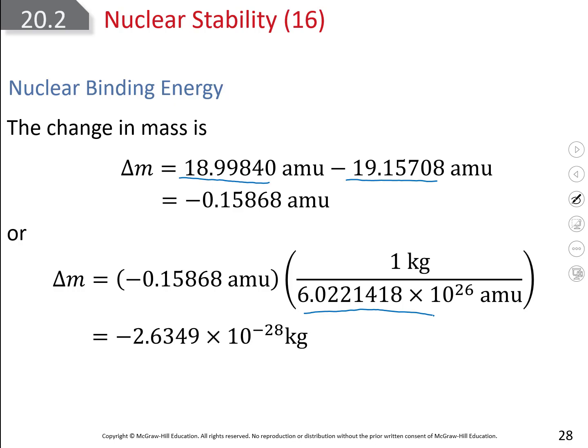That's just coming from Avogadro's number and then converting grams to kilograms. So we end up with the delta m in terms of kilograms as being negative 2.6349 times 10 to the negative 28 kilograms. You see how we calculate it in kilograms?